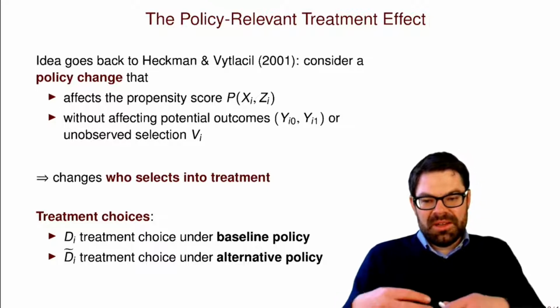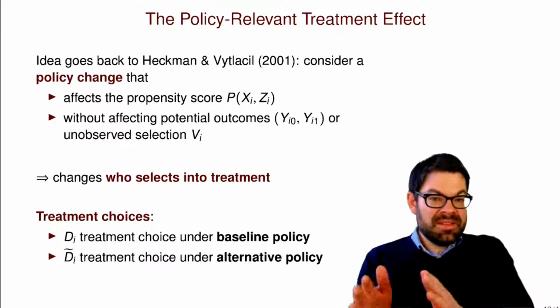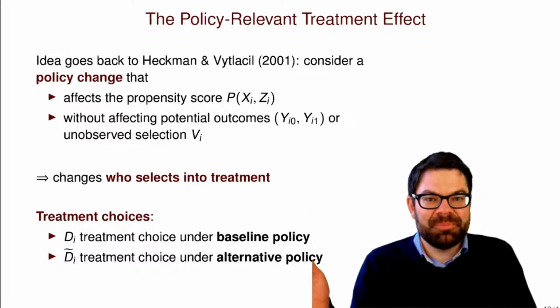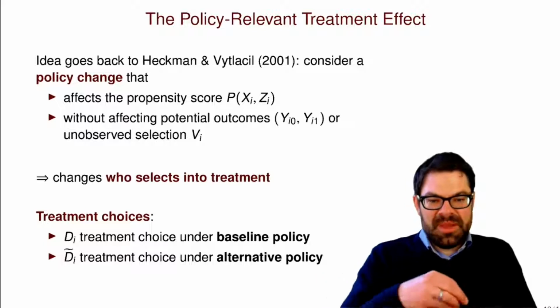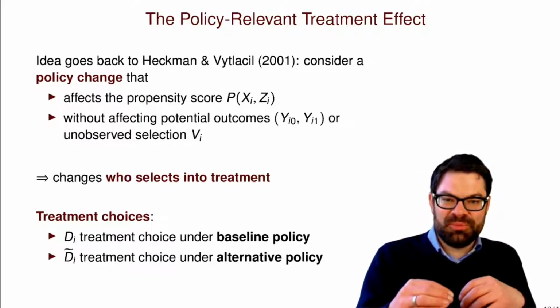And so what we want to study here is what is the treatment choice under a baseline policy and under an alternative policy. But these baseline and alternative policies should be real alternatives.